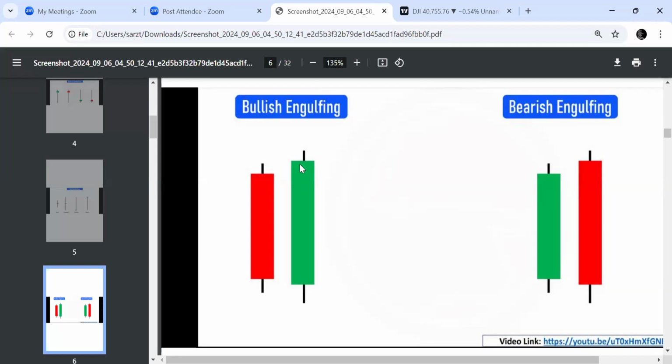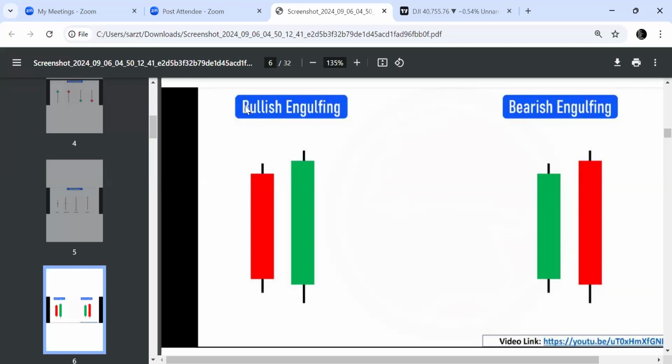So what is a bullish engulfing pattern? What does it indicate? Bullishness, as we just discussed. When does this bullish pattern form? Only when the price is falling.